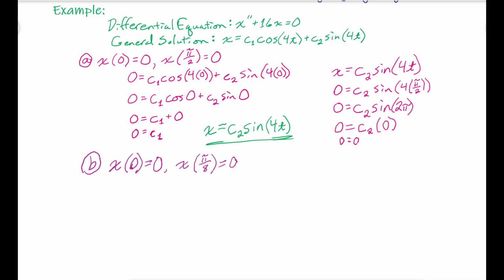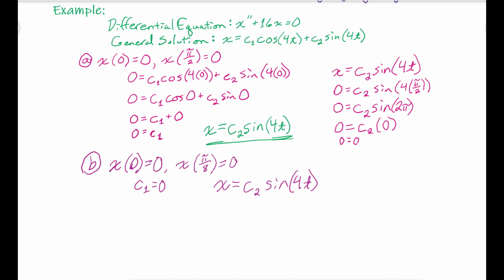So we'll have c1 equals 0. Now knowing that c1 is going to be 0, I can plug that in, and then I'll use my second boundary condition. So plugging in c1 equals 0 gives me again x equals c2 sine of 4t to work with.